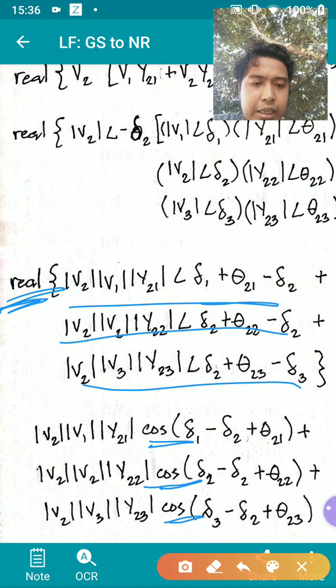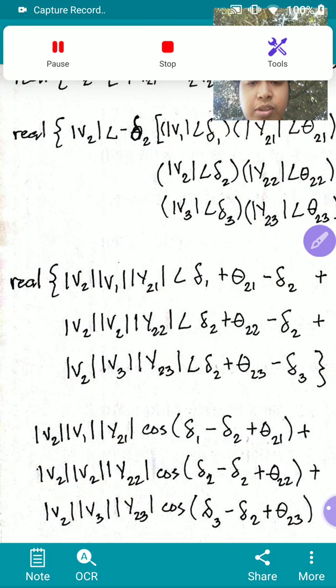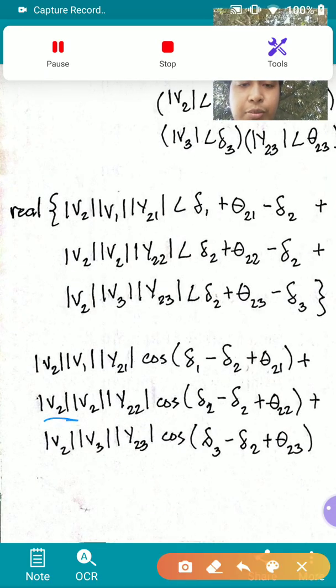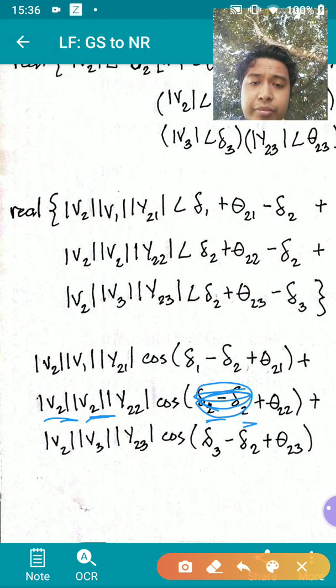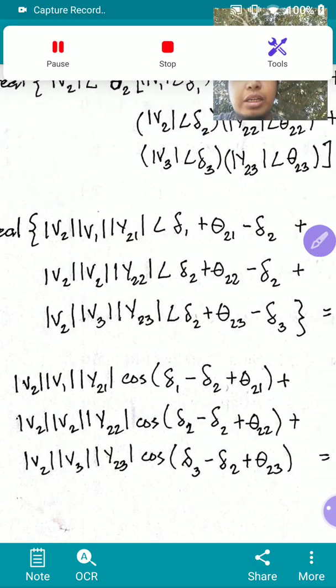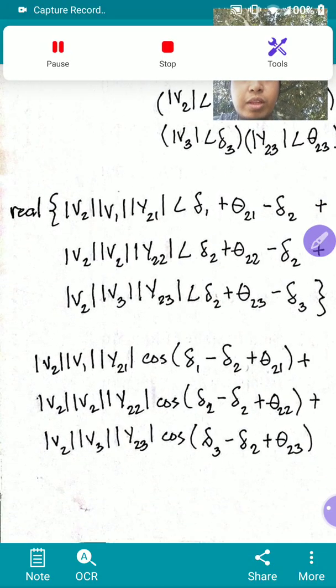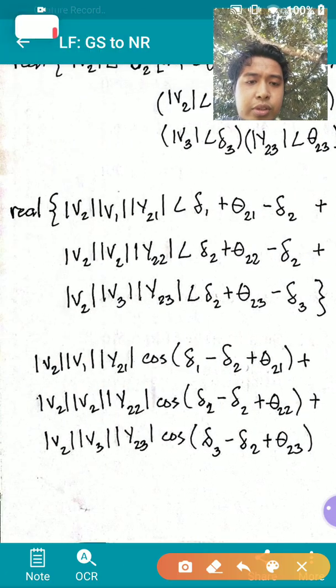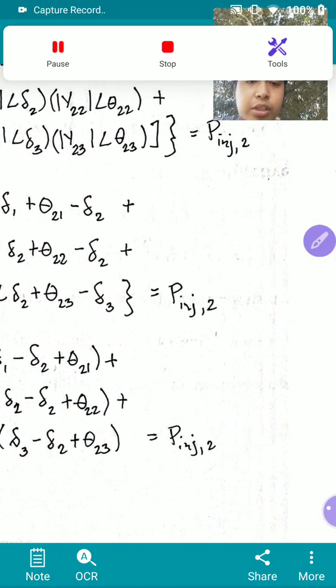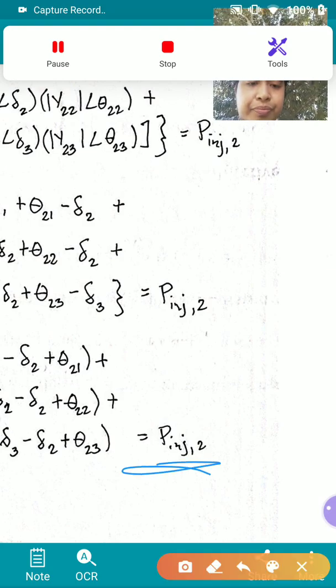I want to emphasize here that if you have the same subscripts V2 and V2, it becomes V2 squared. The delta 2 terms basically cancel out. So that's for P injection. You equate this whole term into the injection at bus 2.